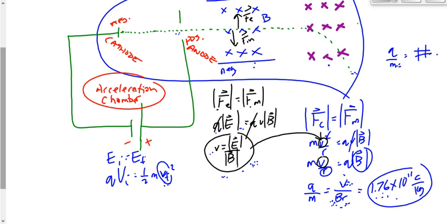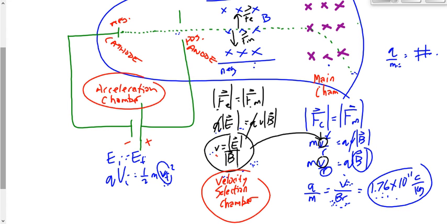We'll call this middle one the velocity selection chamber. That's not my term. That's pretty commonly used, actually. The velocity selection chamber, where a certain velocity or speed is selected to keep going into the third section that I call the main chamber.